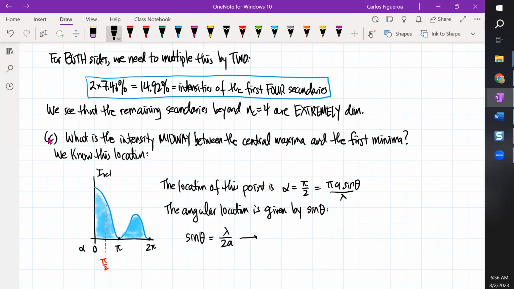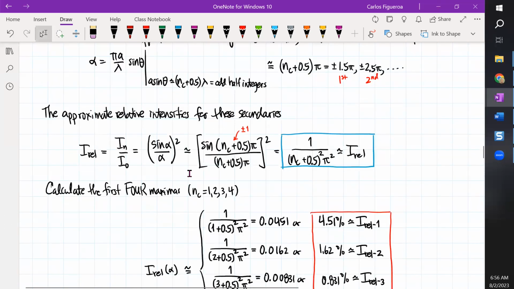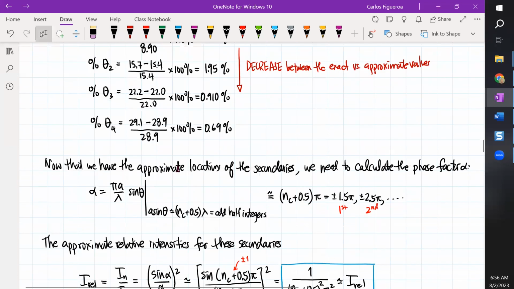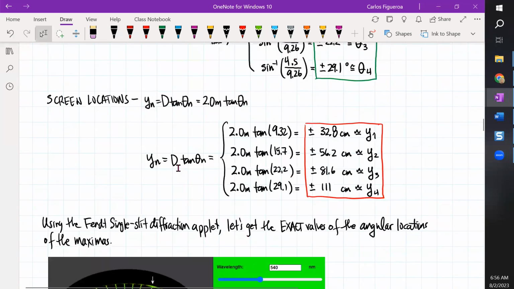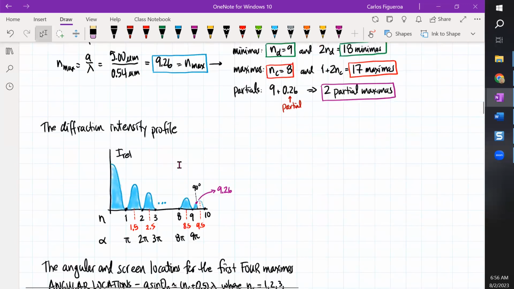Now I'm going to get the sine inverse of 2 times, what was my value here again? My value, that seems like an infinite amount of time ago, is 9.26.